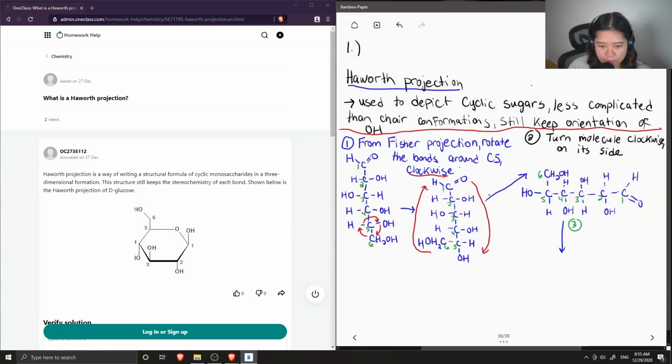So step 3 is to draw a hexagon and to omit the line connecting carbon 1 and 6.